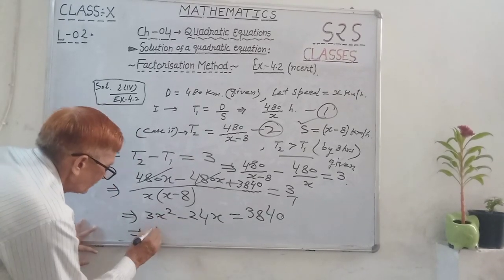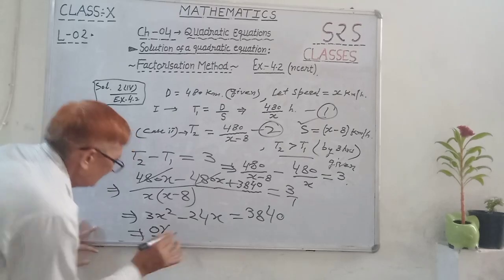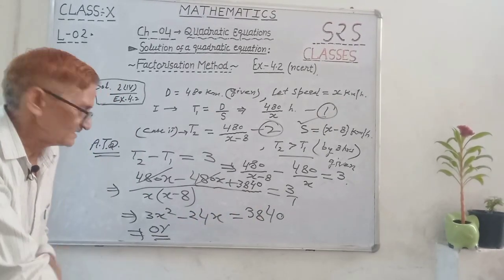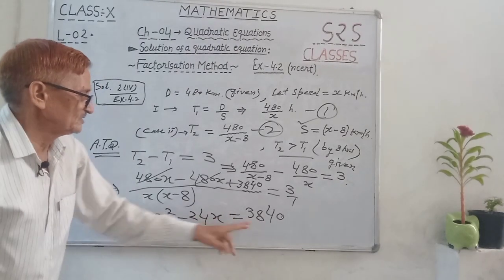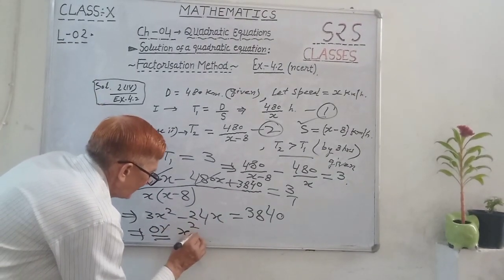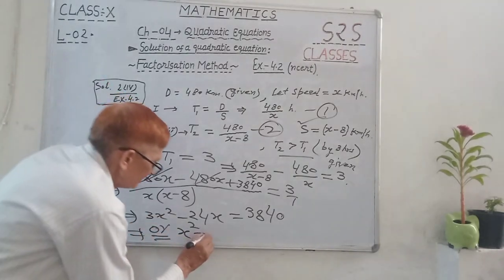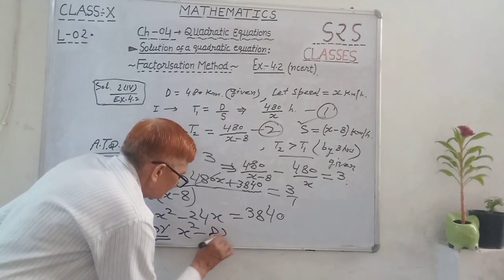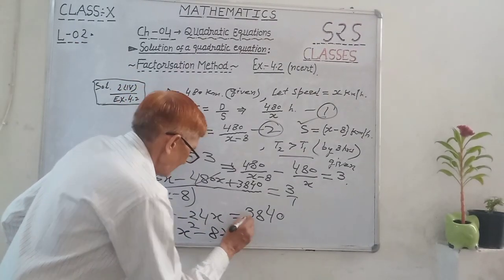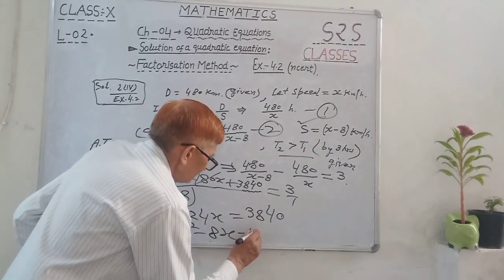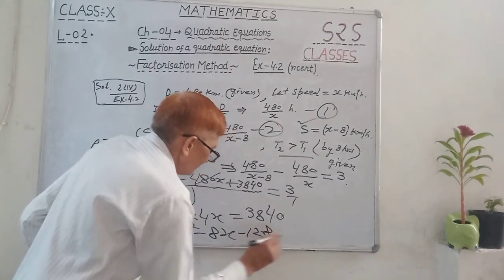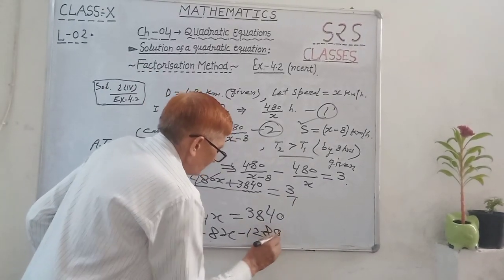Divide by 3, or we can simplify by the highest common factor in all the terms. This is the 3 common, divisible by 3, all 3 numbers. Then x square minus 24x divided by 3, 3 8s are 24x, and this number will come this side, minus, and divide by 3: 3 1s are 3, 3 2s are 6, then 24, 3 8s are 24, and 0.